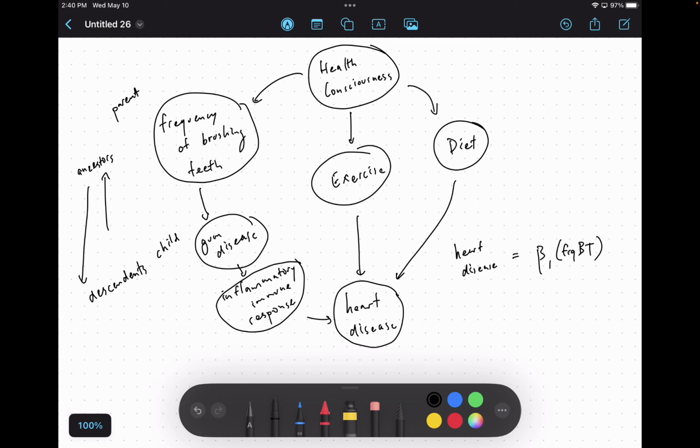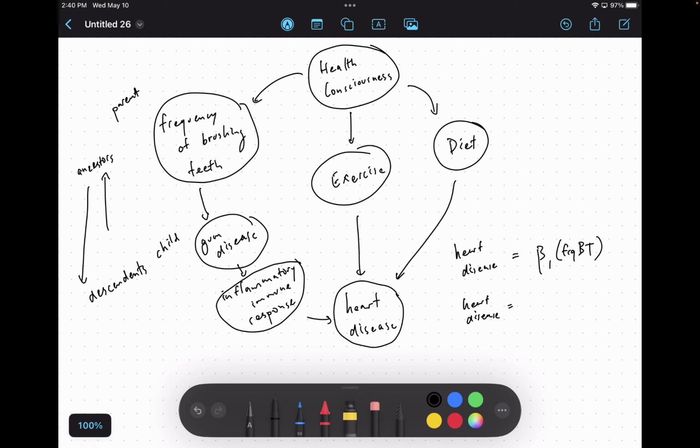Okay, so let's only use the frequency to heart disease path. Let's say beta 1 is frequency to heart disease, beta 2 is from frequency to the inflammatory immune system, and beta 3 is from the inflammatory immune system to heart disease.